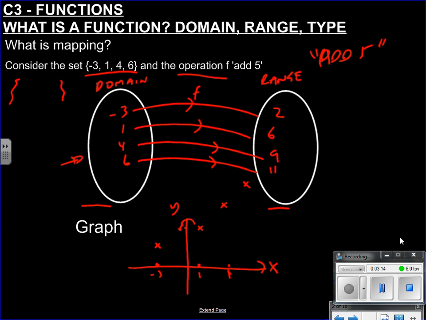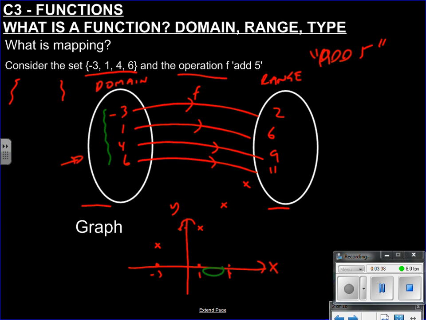Now, I can't join these crosses together, can I? Because all I have to work with are these discrete numbers, these integers, which is why it's called discrete data. All the numbers in between, and by the way there are an infinite number of them between 1 and 4 alone, are not included in my function machine.